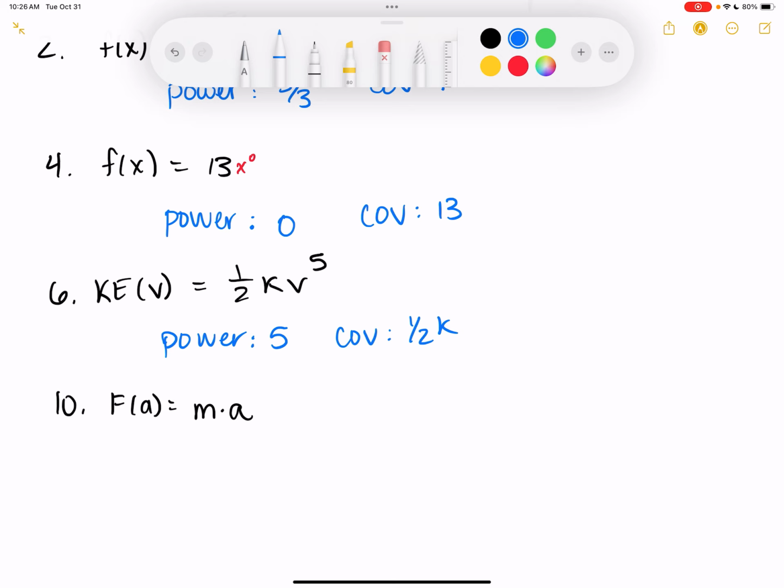F of A, which means A is the variable. A is x, so A is the variable. Oh, that's why I was like, hold on, let me go back and read what they said. So, what's the power on A? 1. Constant of variation is m.